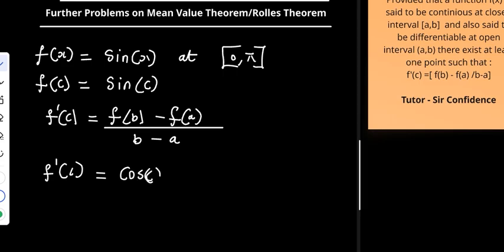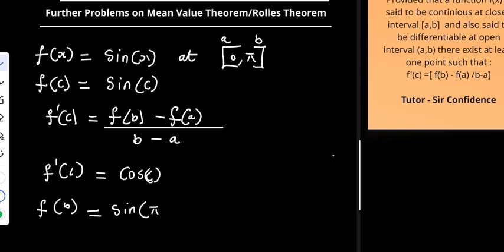So what is going to be f of b? f of b is simply putting pi into sine x. This is a, this is b, this is the interval a, b. Putting pi into the value of x, we have sine pi, or sine 180 because pi represents 180, and this is going to give us 0.